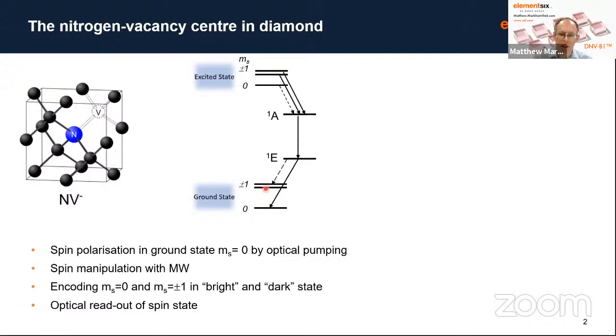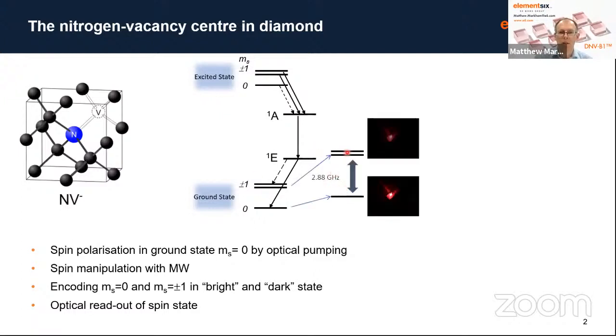Or you can start in the plus or minus 1 state, and then you go via a singlet state back into the ground state, thereby having a mechanism to spin polarize within the diamond. What you can then do is apply microwaves, flip it between these states, create a superposition, and manipulate the spin into whatever state you want.